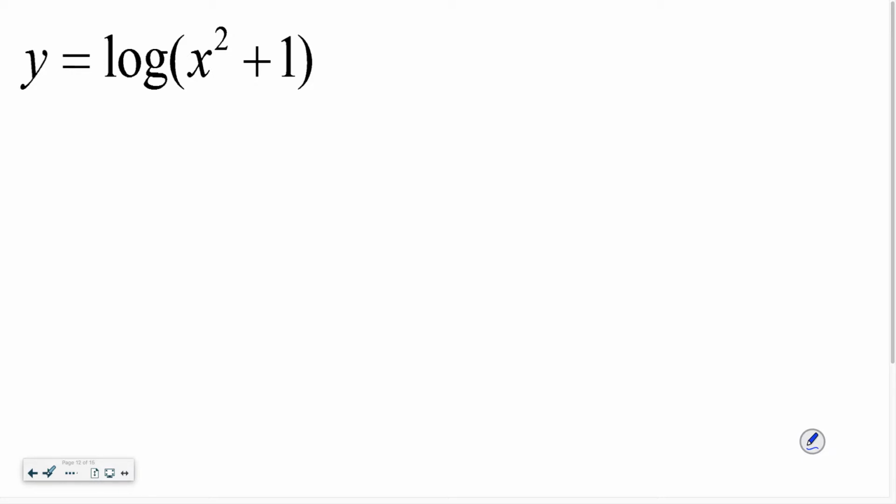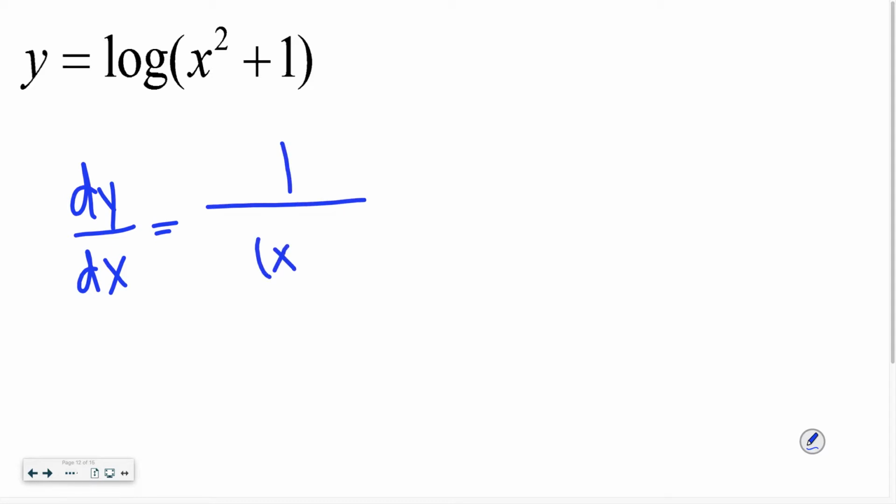Okay, here again we have log base 10. When we take our derivative of any logarithm under the sun, any logarithm, we're going to take 1 over what's inside. But since it's not base e, we have to also put natural log of the base.